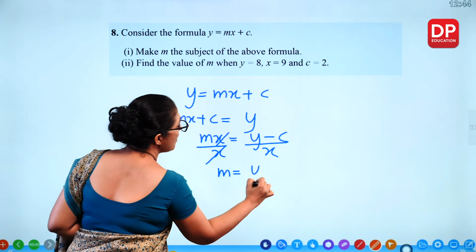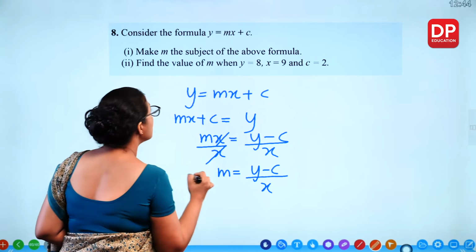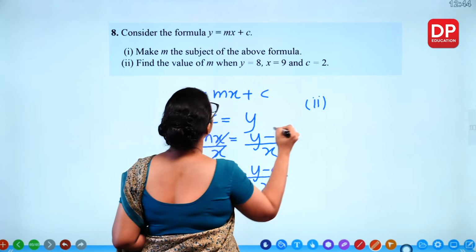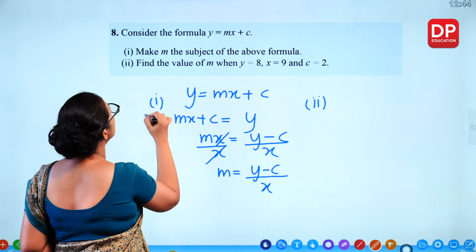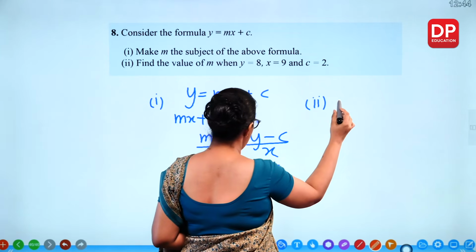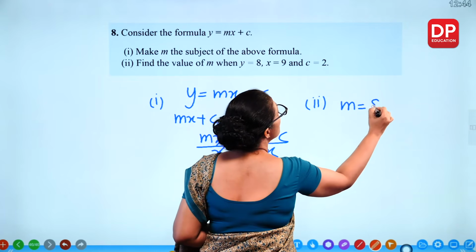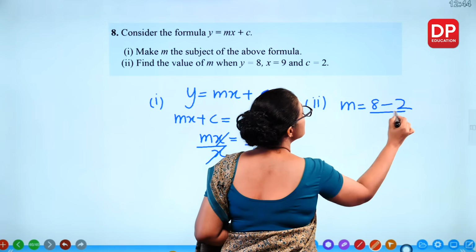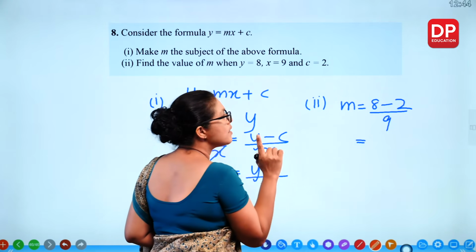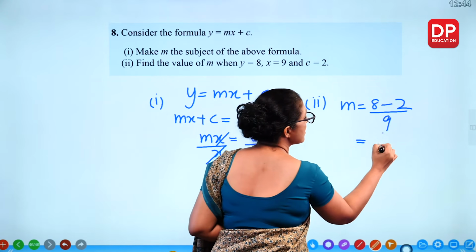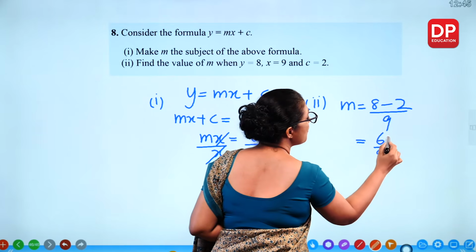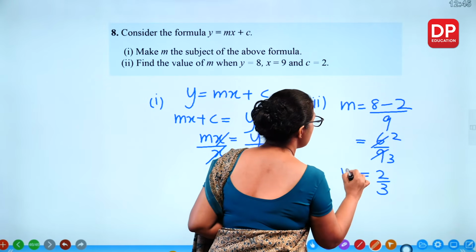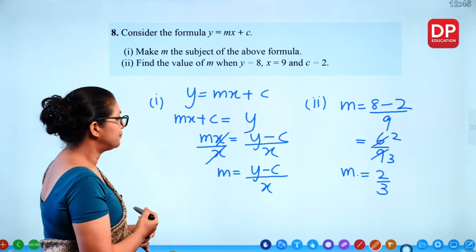M equals y minus c over x. Now we can substitute the values. M when y equals 8, c equals 2, and x equals 9. So 8 minus 2, 6. Divide this by 3, you get 2/3 as the m value.